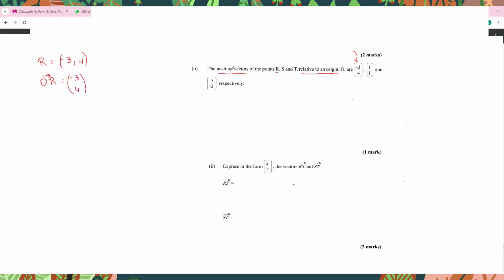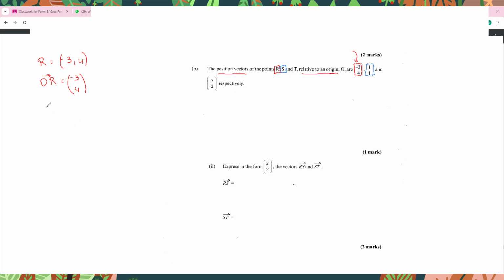Right? So from this, it says the position vector of the points R, S, and T relative to an origin O, and you notice they listed them out and they said respectively. That simply means the order in which they listed them here is going to correspond. So the second one, S, would be the second one here.